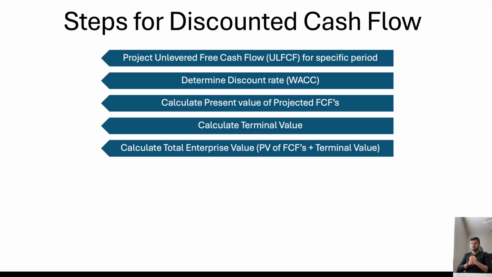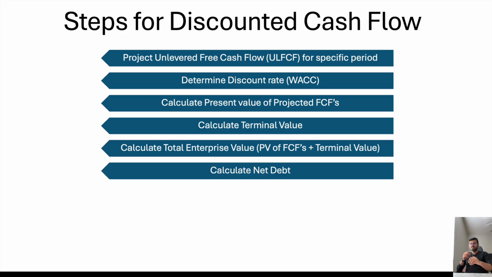Then the next one is total enterprise value. This is nothing but the summation of step number 3 and step number 4 which we did before. Then the fifth one is net debt. Again, I specifically mention net debt. If you go to the balance sheet of a company, they might say, you know what, we have a short-term debt of $2 billion and a long-term debt of $8 billion.